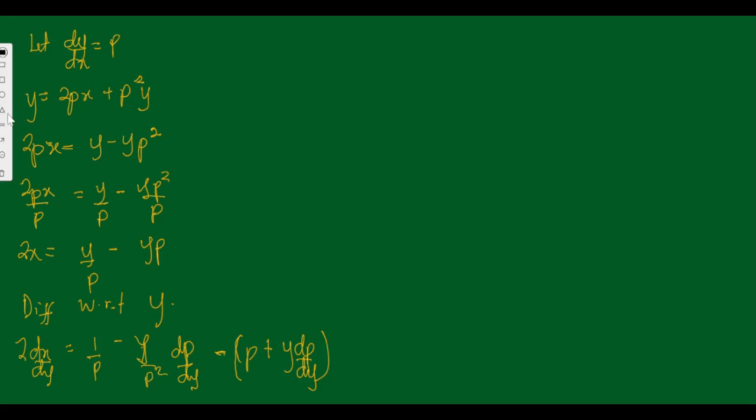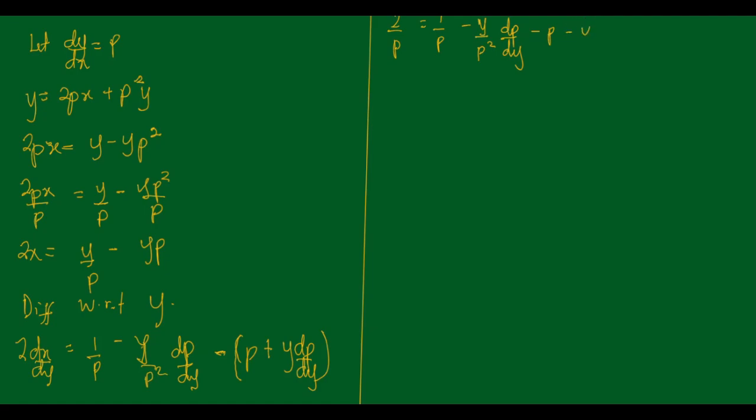Let me divide this place so we can continue. So we can go ahead to simplify this to become 2 divided by p is equal to 1 over p minus y divided by p squared dp dy minus p minus y dp dy.